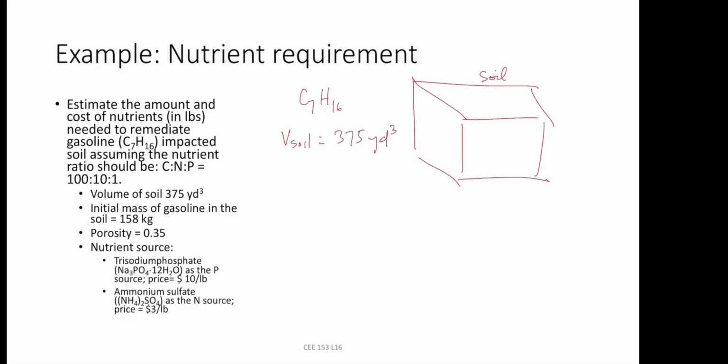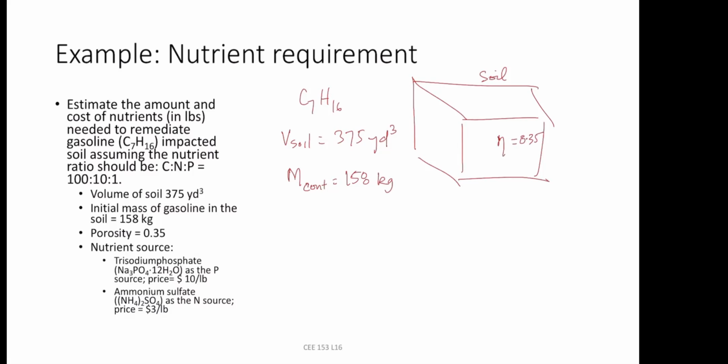Initial mass of gasoline in the soil: the mass of gasoline contaminant is 158 kilograms. The porosity is 0.35. That means 35% of the soil is porous.